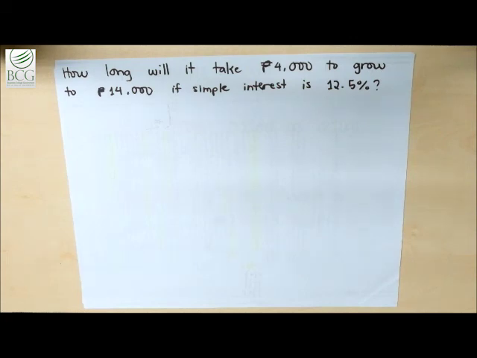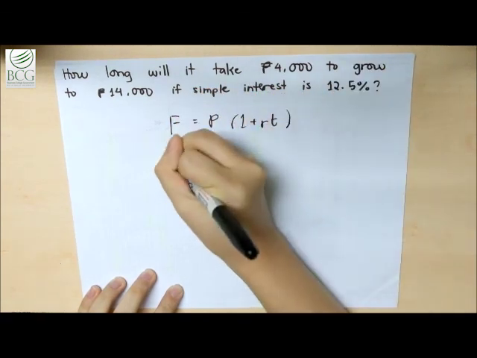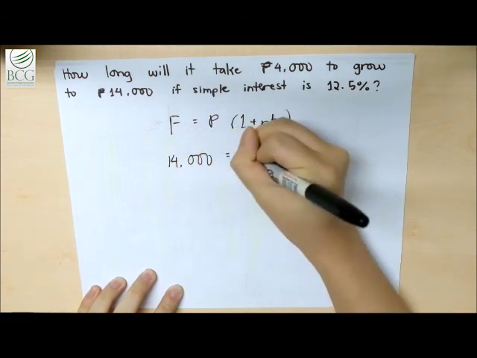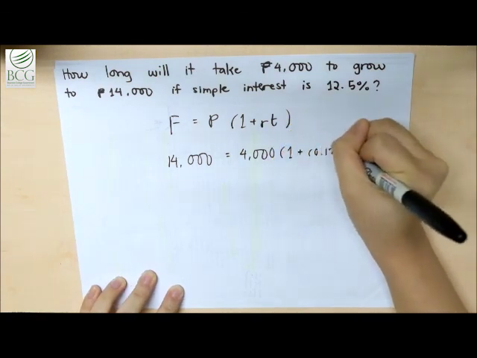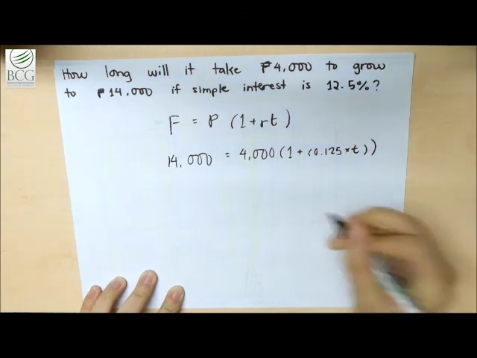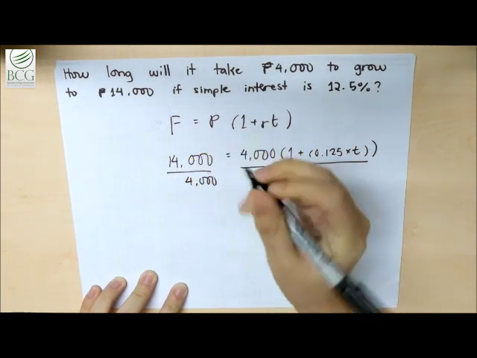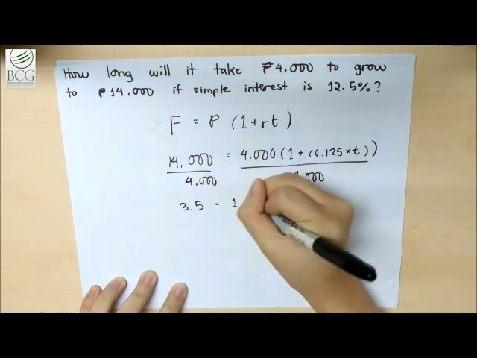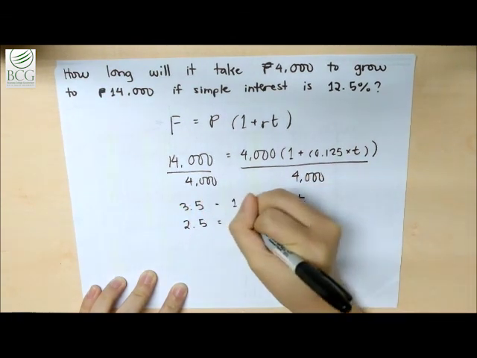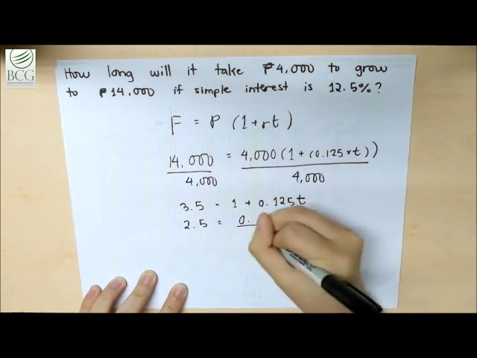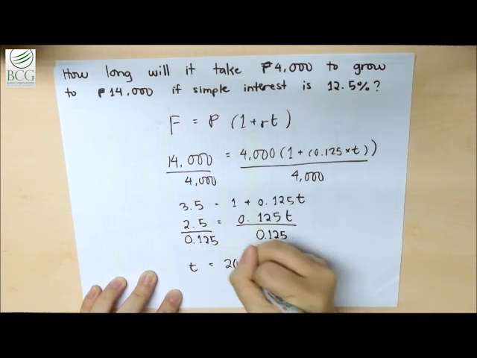This time we are looking for T. Using the formula, F equals P quantity 1 plus RT, F being 14,000 pesos, P being 4,000 pesos, and R being 0.125, we can now solve for T. And T is equal to 20 years.